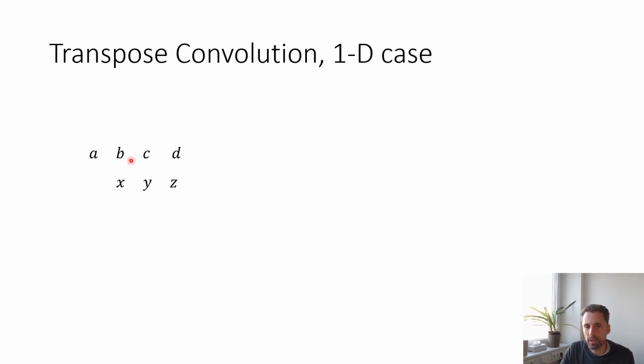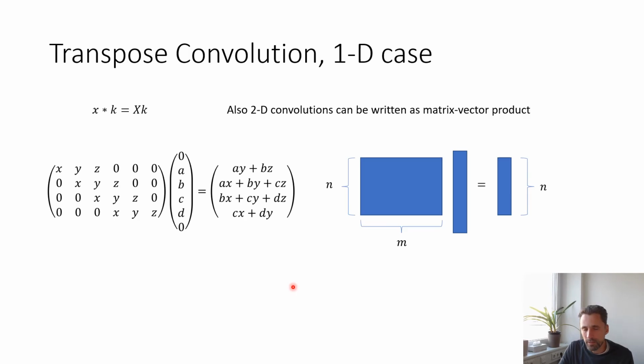This time b times x, c times y, and d times z are summed up to produce the next output, and so on. And you continue that, right? Now, and that's not limited to the one-dimensional case. That's actually also what we do in the normal 2D or 3D or whatever D case.